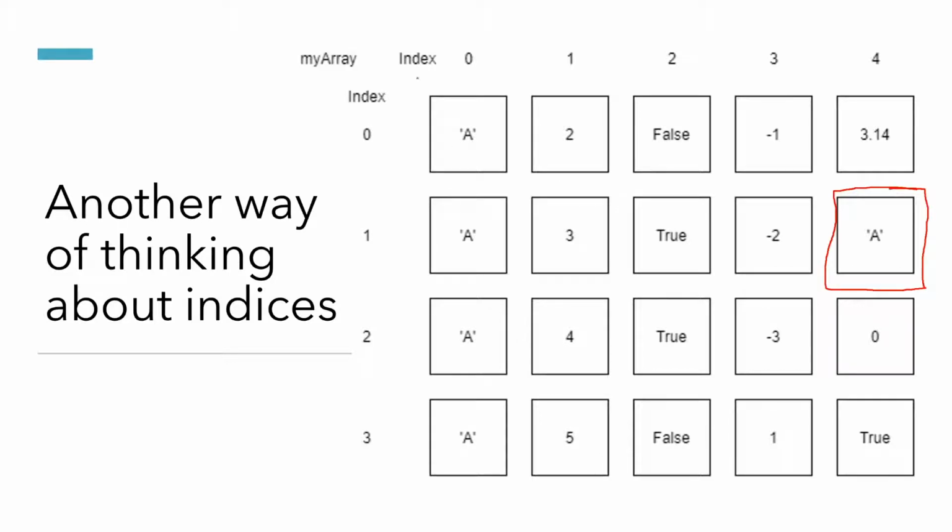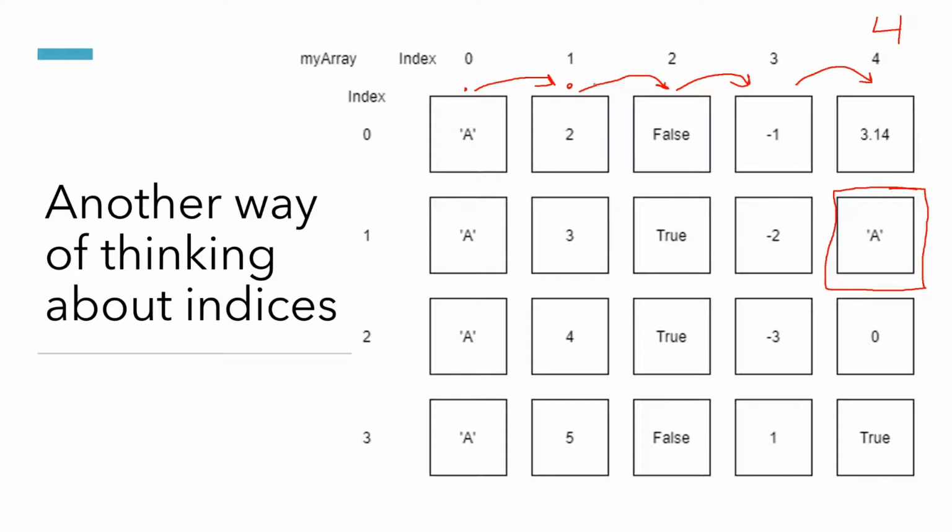What we would do is first go from left to right until we get to that column. So to get to this one, we start here, and then we keep going until we reach the column. Now to reach that column, we have to go to index 4.